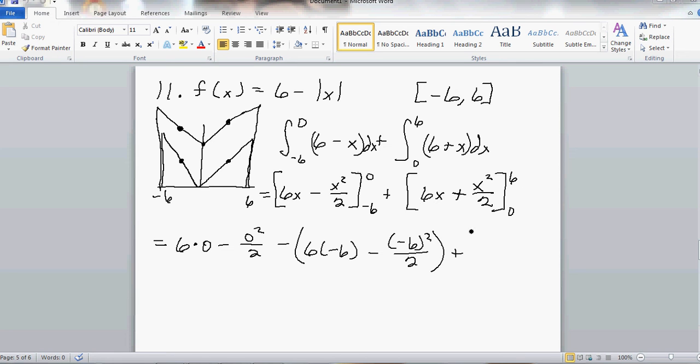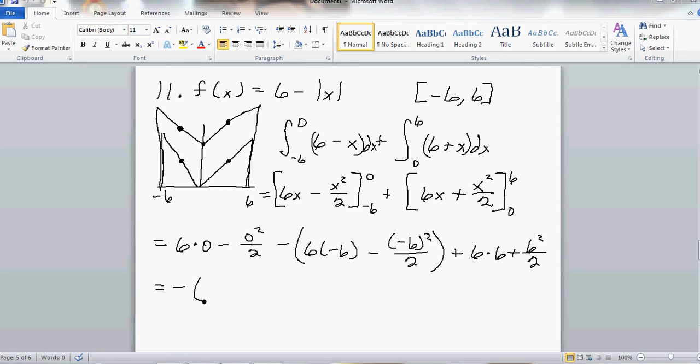Okay, plug in 6 here, so it'll be 6 times 6 plus 6 squared over 2, and then hopefully it's real easy, minus 6 times 0 plus 0 squared over 2 is 0. It's going to be minus 0 out here. I don't really like doing that this early in a concept, but I'm just out of room. Okay, so this all becomes 0, so that's no problem.